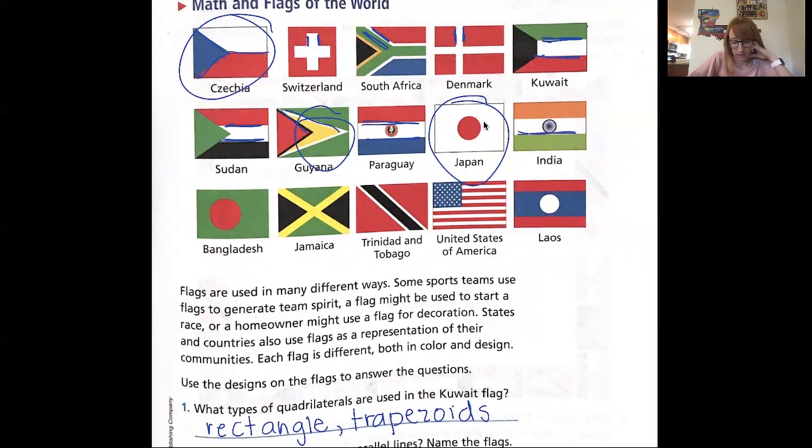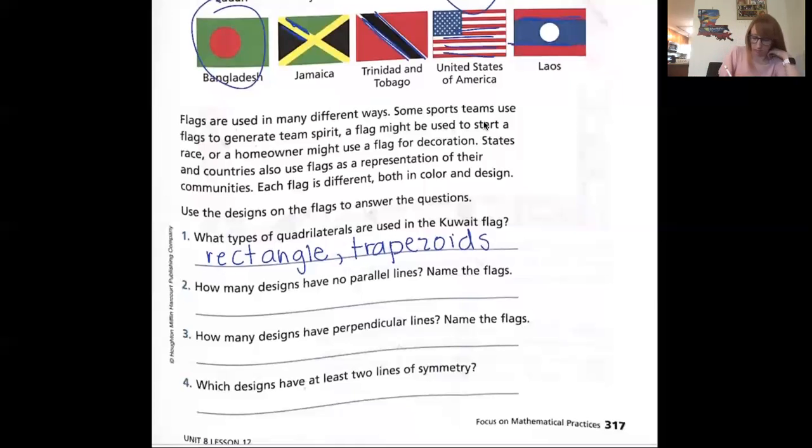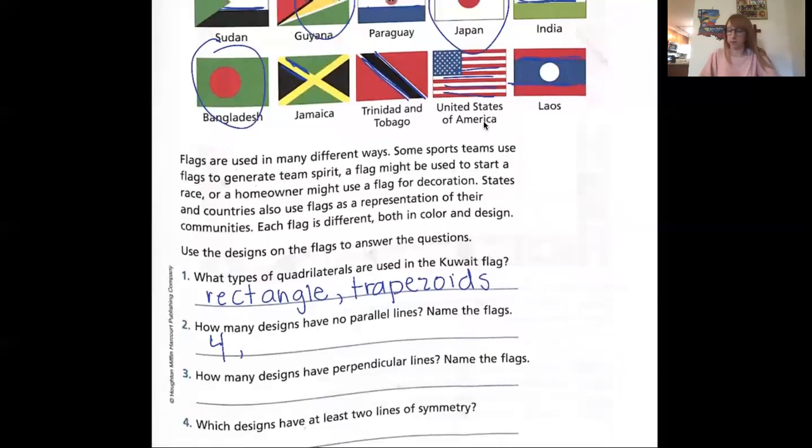India has parallel lines here and here. Bangladesh, no parallel lines. Jamaica has parallel lines here and here. Trinidad and Tobago, here and here. The United States, all over the place. And Laos, here and here. So we have 4 flags that do not have parallel lines. So we're going to put the number 4, and then we'll write the names of those flags.